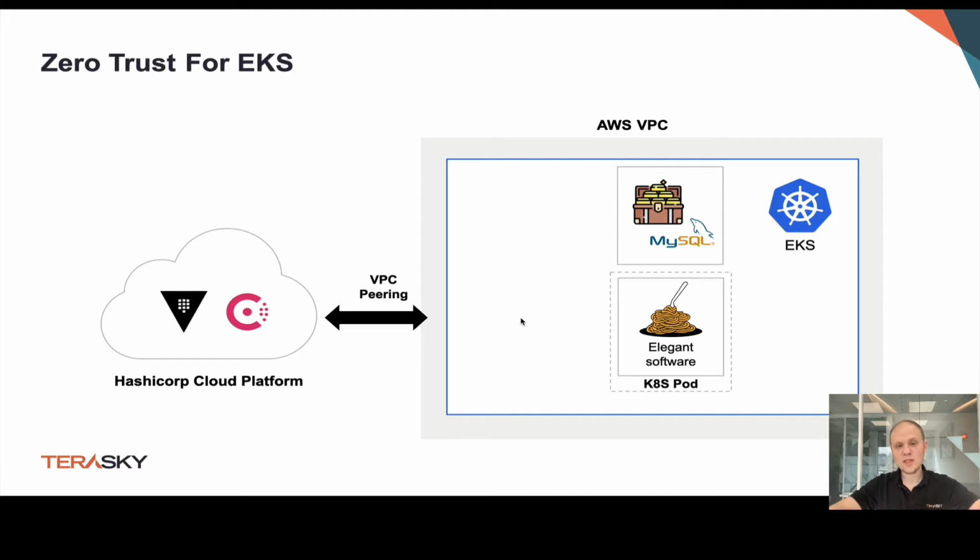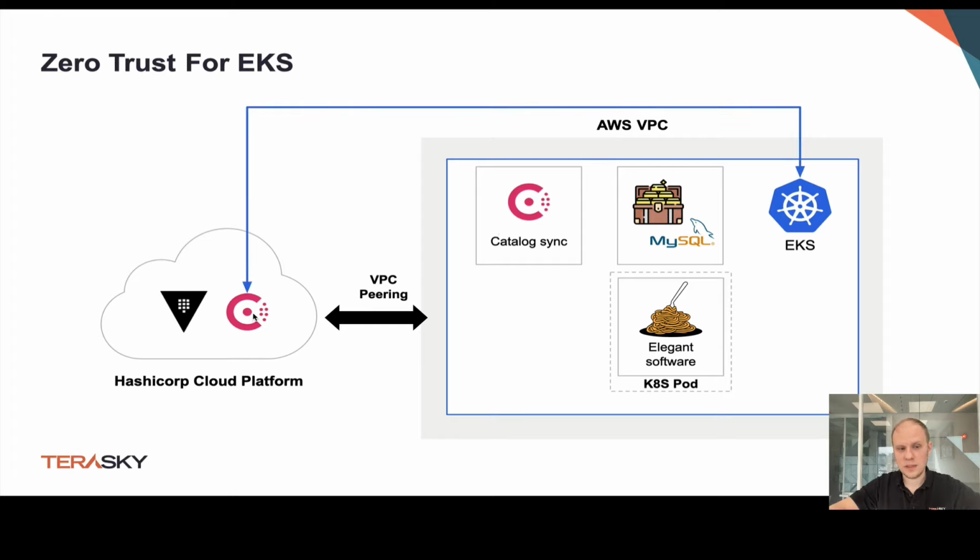Now, Consul has this awesome tiny feature that's called catalog sync, and this is why I love the ecosystem, because everything is integrated and everything works great together. So catalog sync actually takes all the services from EKS and it syncs them into Consul and vice versa. So you can synchronize all your services from Kubernetes to Consul and back.